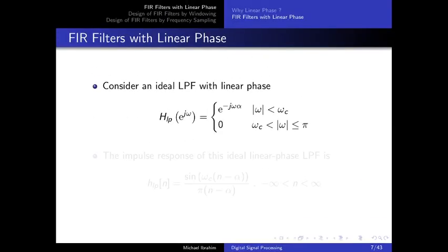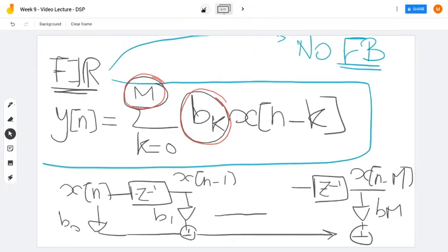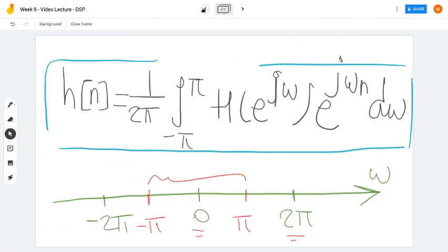So going back over here, if we know the frequency response of the filter, the ideal filter we're looking for, how can we find the impulse response? If you remember, in the beginning of this lecture, we have seen the so-called inverse discrete time Fourier transform, this equation over here.